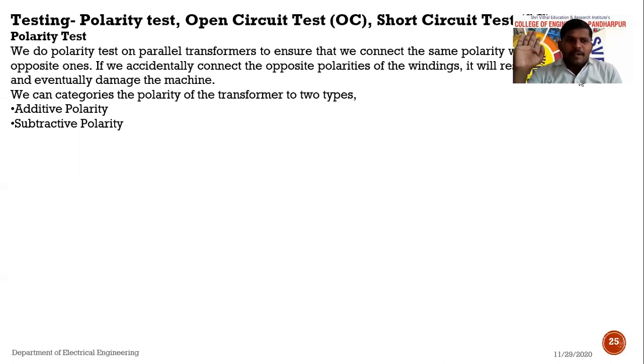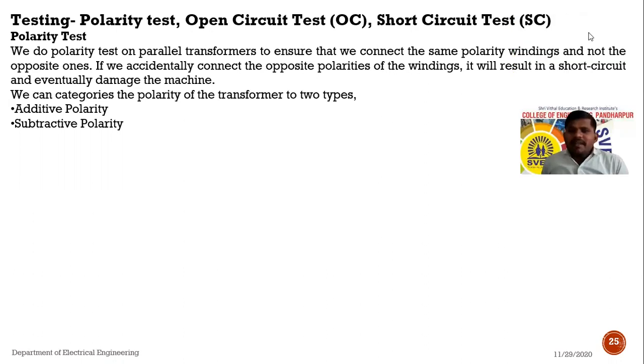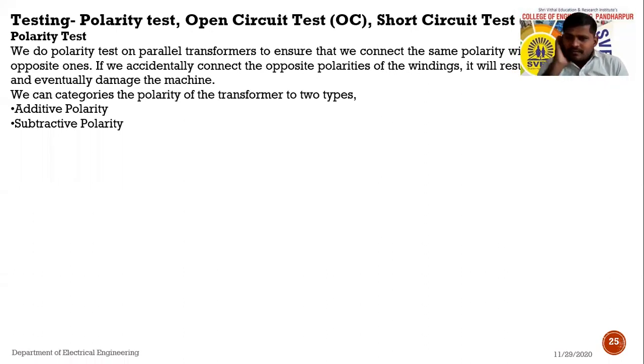If we accidentally or mistakenly connect the opposite polarity, the result will be a short circuit, and it will damage the machine also. So the polarity test is important.